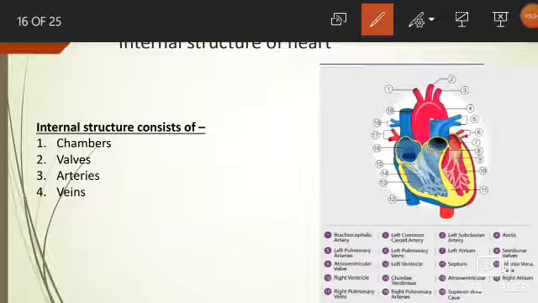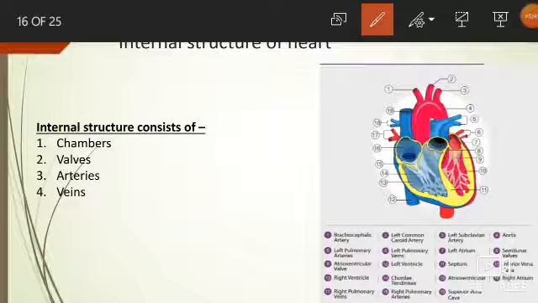Now some arteries and veins are present. The main function of arteries is to carry blood away from the heart, and veins carry blood towards the heart. But there are some exceptions also.